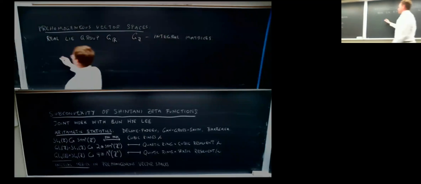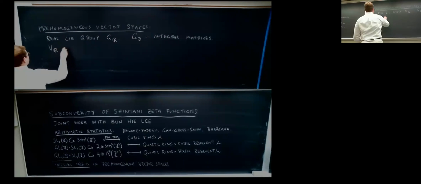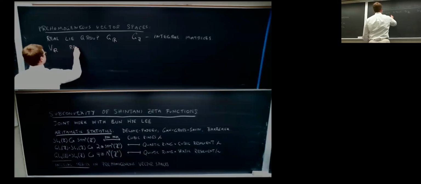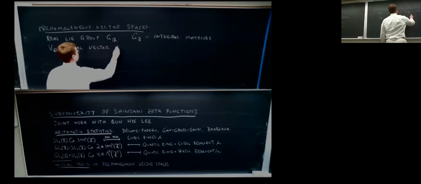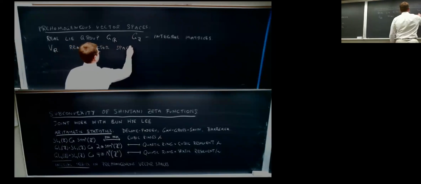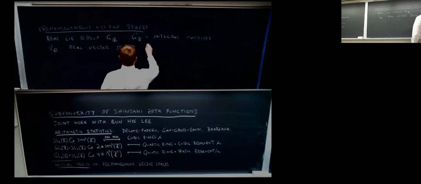And then V_R is a real vector space with an action of G_R.